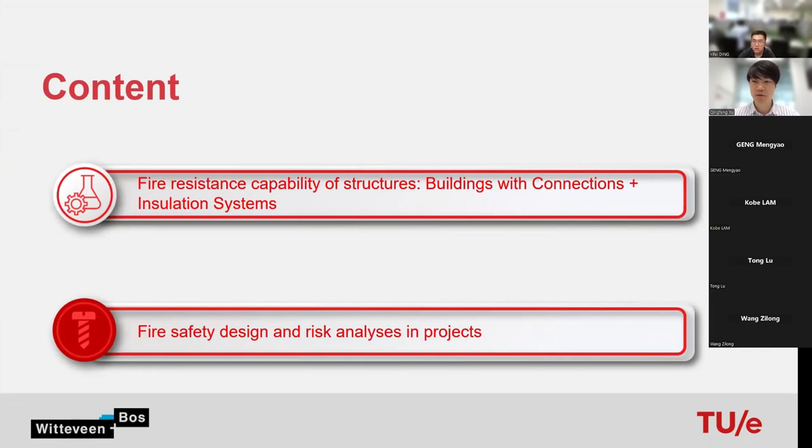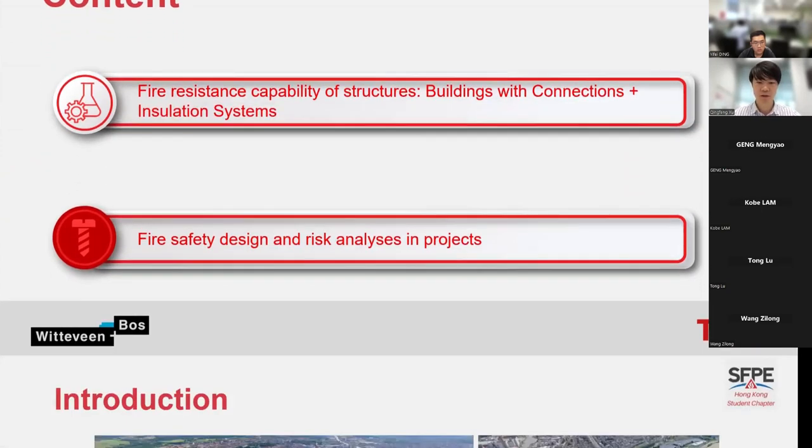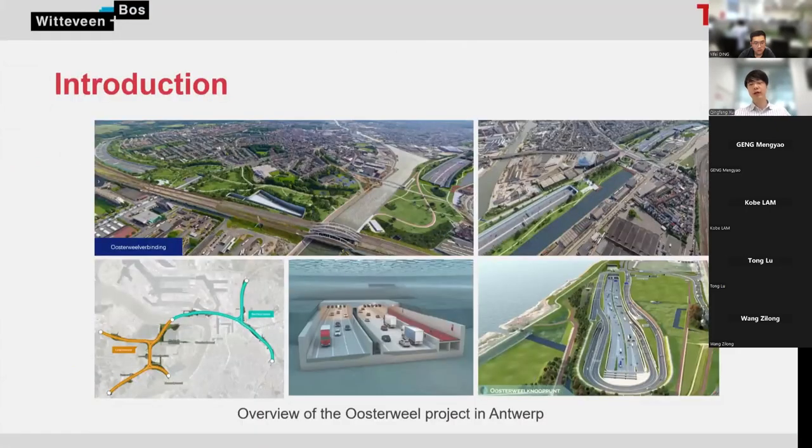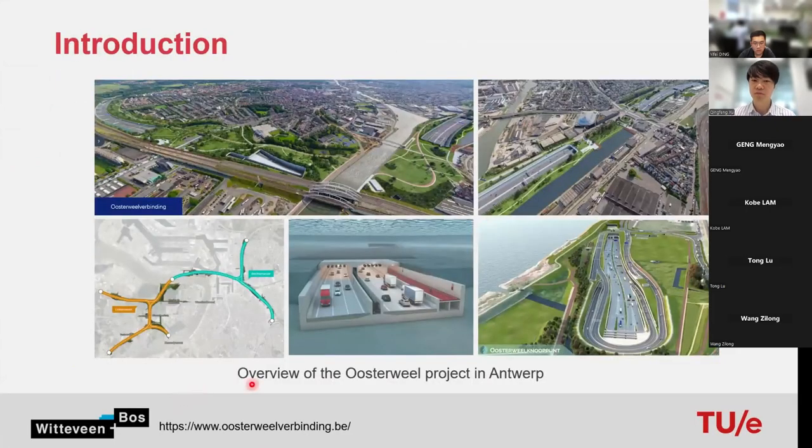If not, then I will move to the second part of this presentation, which is about ongoing projects I have been doing here at Witteveen+Bos. It is a very big project in Belgium, in a city called Antwerp. As you can see here, the northern part is the Netherlands, and this part is Belgium.